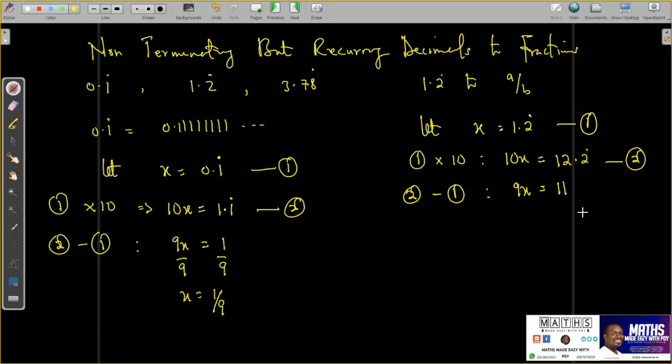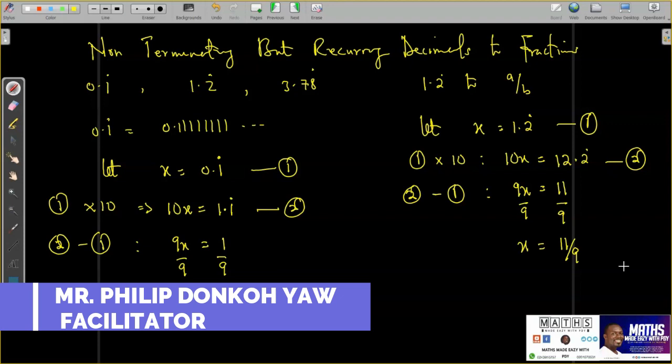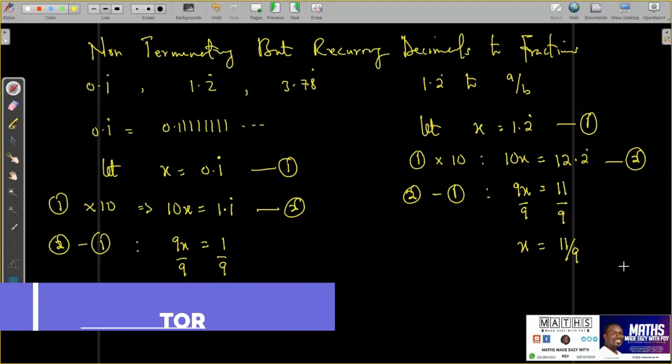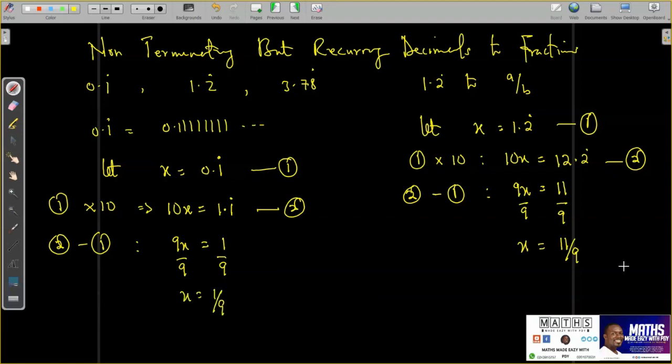To get our value of x in fraction form, what must we do? You divide both sides by the coefficient of x, which is 9. So we end up getting x equal to 11 on 9. Can you confirm on your calculator that 11 on 9 is the same as 1.2 recurring? I hope it makes sense.